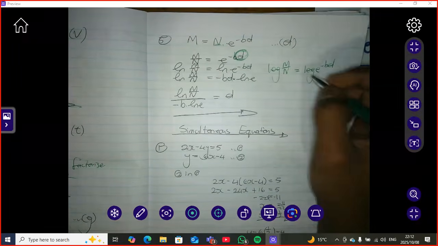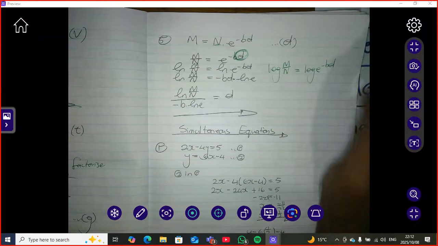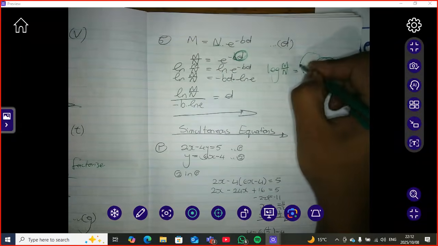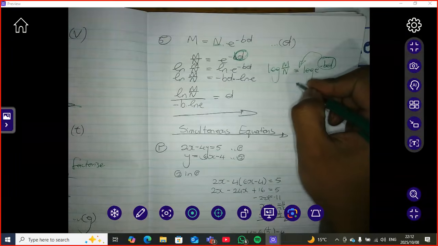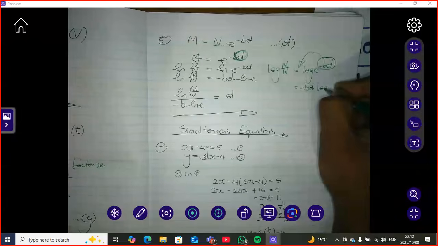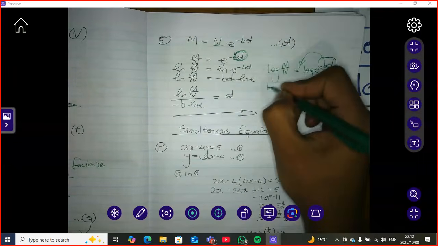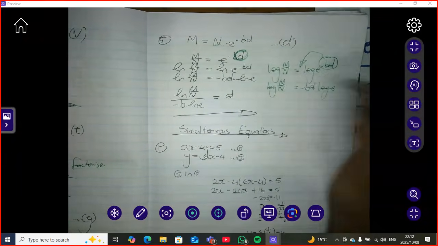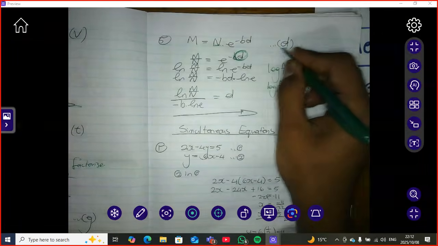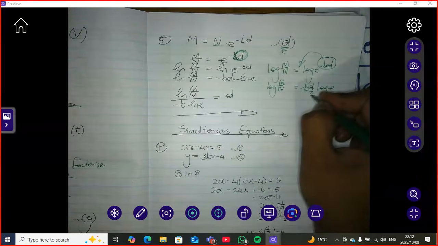Then my log law tells me I can take the exponent and multiply it to the front to get negative BD log E. Log M over N. Remember, I want D, and there is D.